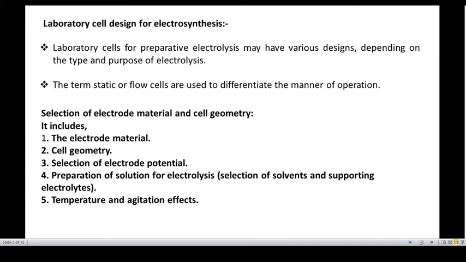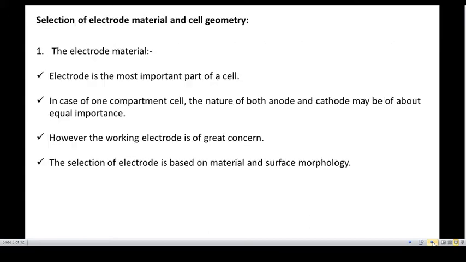This includes the solvents and supporting electrolytes, and we also have to consider temperature and agitation effects. These are the fundamental aspects to consider while designing a cell for synthetic purposes.